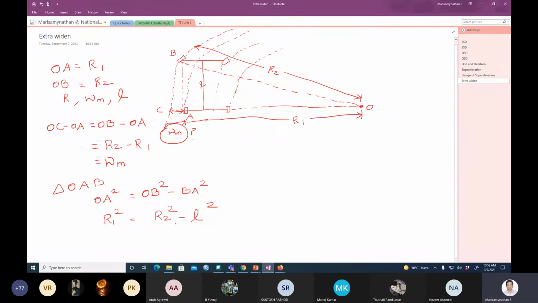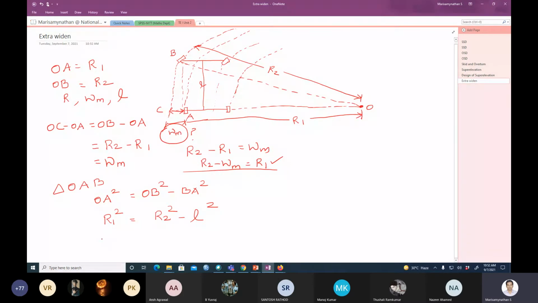We know that R2 minus R1 is equal to Wm, so R2 minus Wm is nothing but R1. We substitute this value over here.